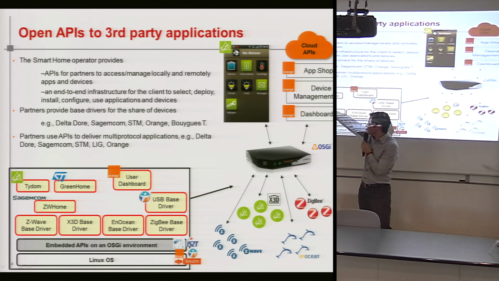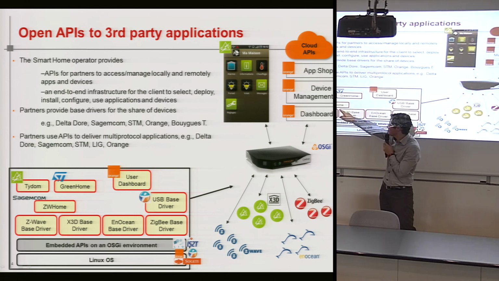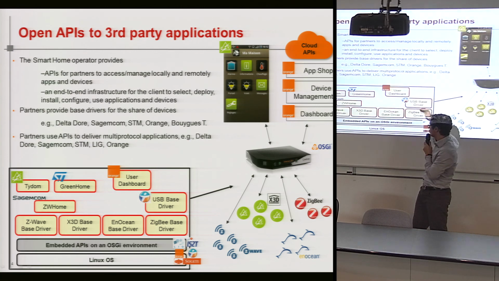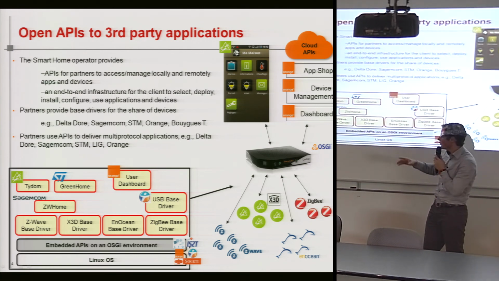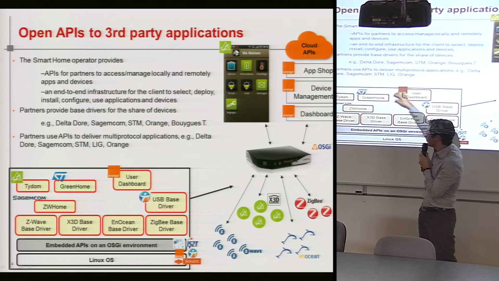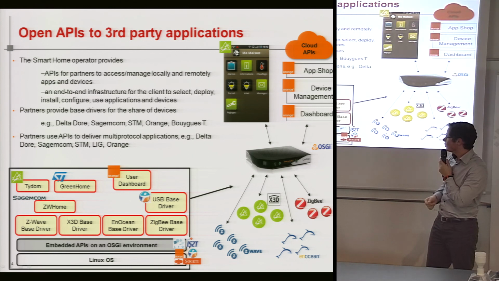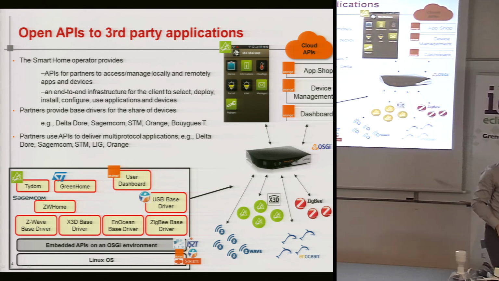For instance, Deltador has made its own base driver with this technology to show that he understands it, and that is a nice methodology. And then above those APIs that are provided by the operator of the smart home environment, we could have several applications given by distinct partners, and we showed that with several French partners.